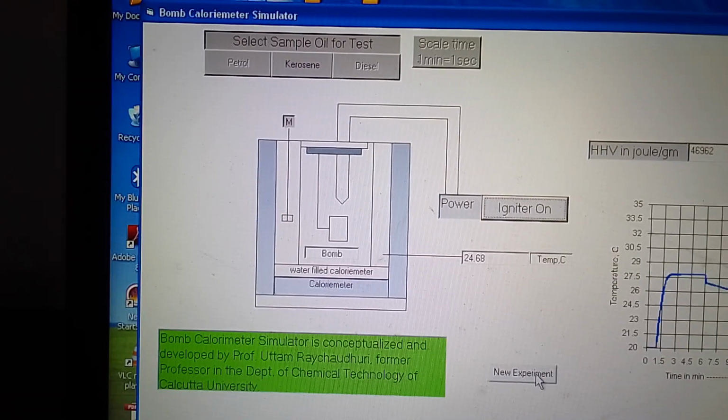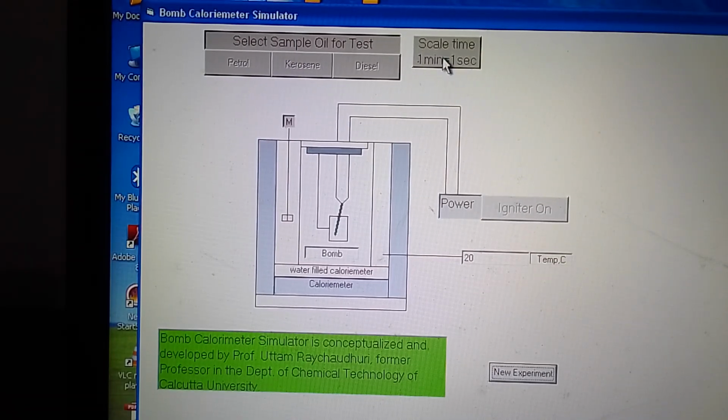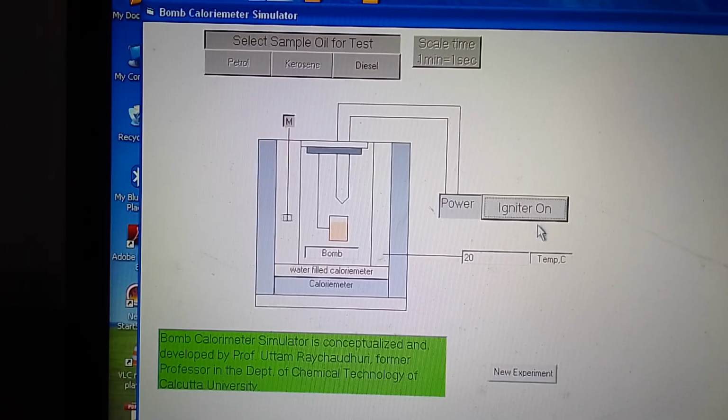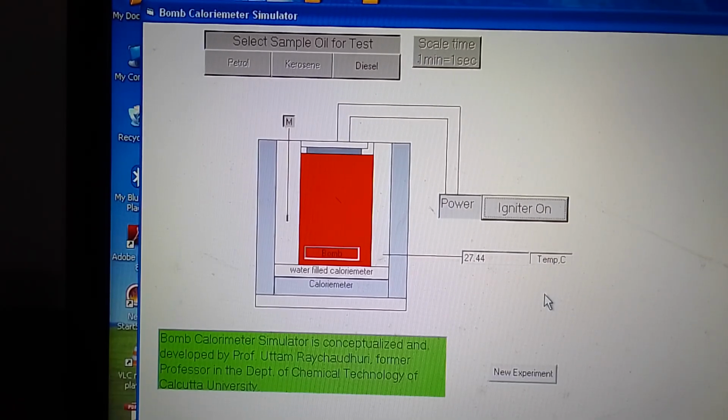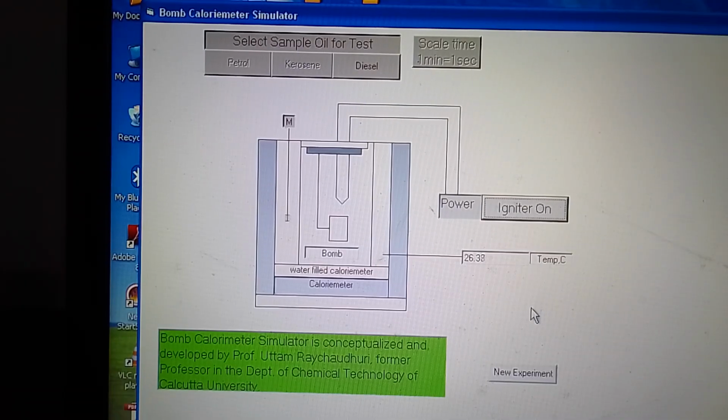Now I will show the next experiment. Say we scale down the time and take diesel, which is slightly yellowish, though its color looks white here, and now the igniter is on, and you will find again a similar combustion takes place, and the time-temperature record is carried out.